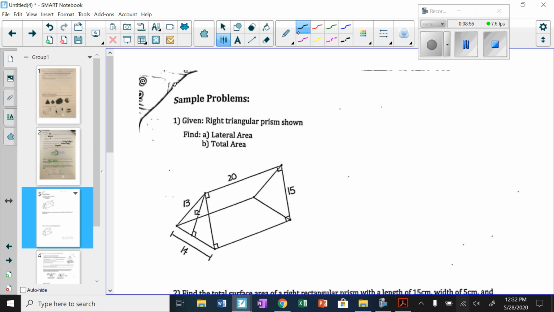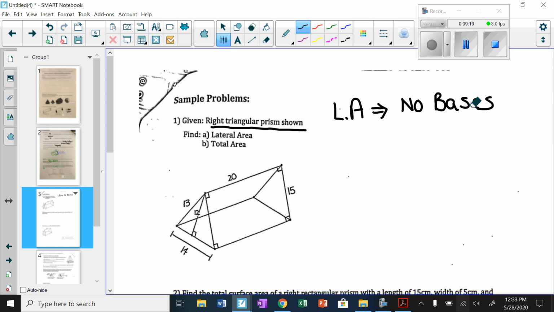It says given a right triangular prism. Now that word right is a huge thing for us. The right does not mean the triangle's a right triangle. That right now means that all those lateral faces are rectangles. So we want to first find the lateral area. Lateral area is no bases.